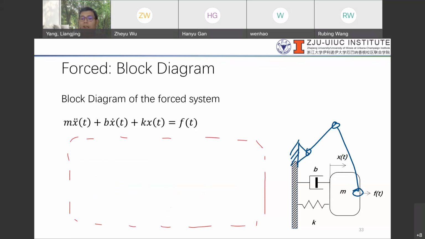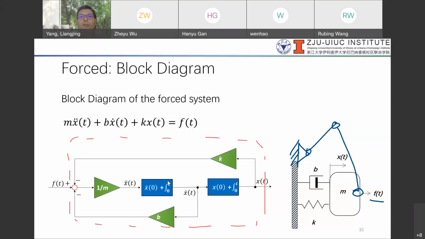So the robot can actually apply a force to further control the outcome of this motion, the motion of this M here. Sorry, I missed on this. So this is actually a time domain.